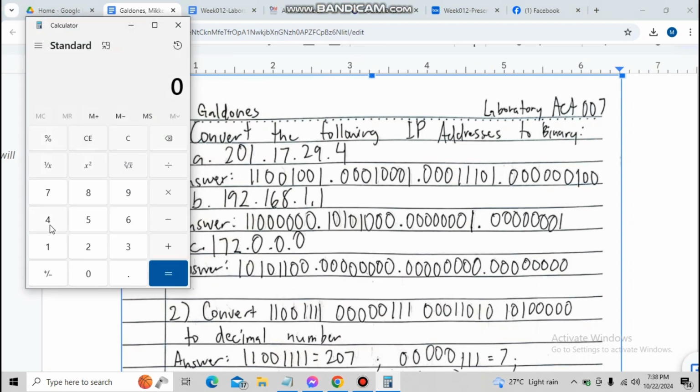So obviously 128 plus 64 is equal to 192. For the second part, 168, we can see that 128, 32, and 8 are the ones marked with 1. For checking, 128 plus 32 plus 8, and there we have 168.